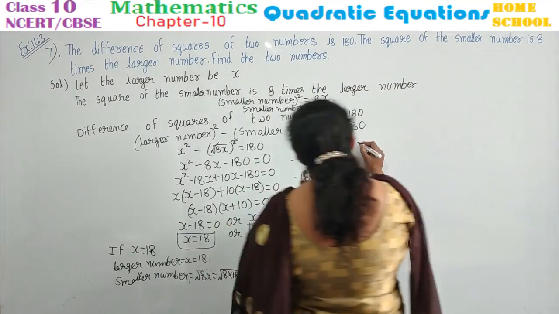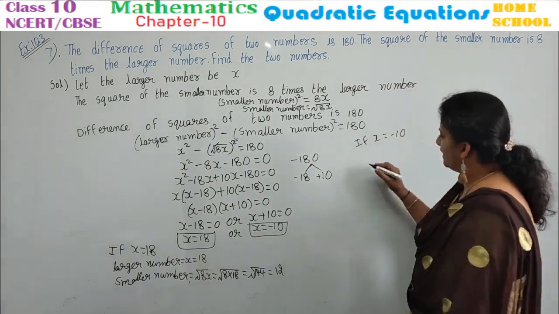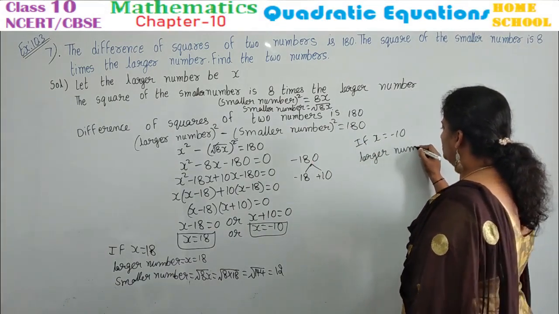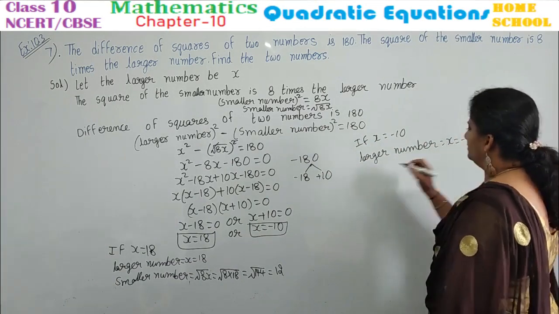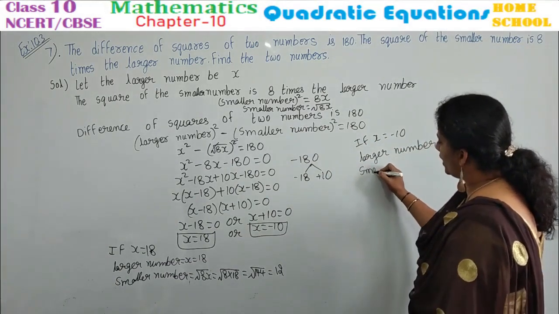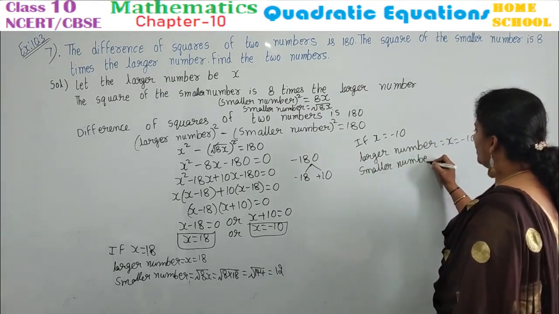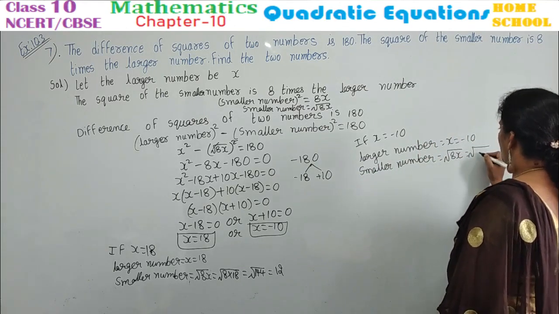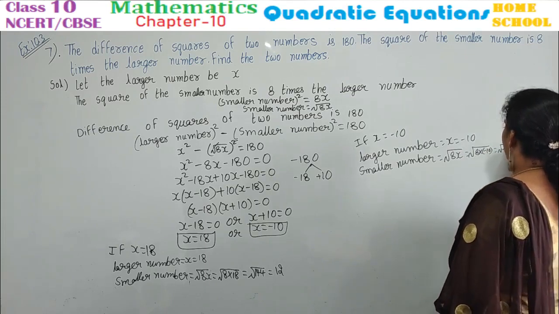Second case, if x is equal to minus 10, larger number is x equal to minus 10. And now the smaller number is equal to square root of 8x. Square root of 8 into minus 10, it will be minus 80.